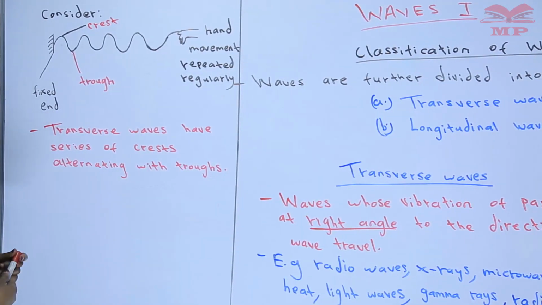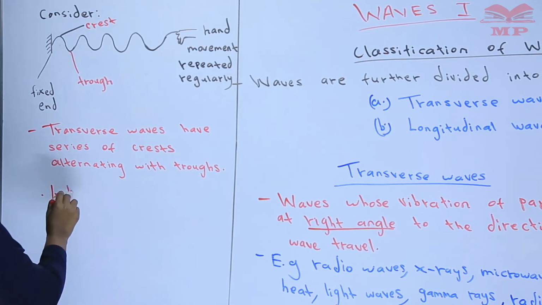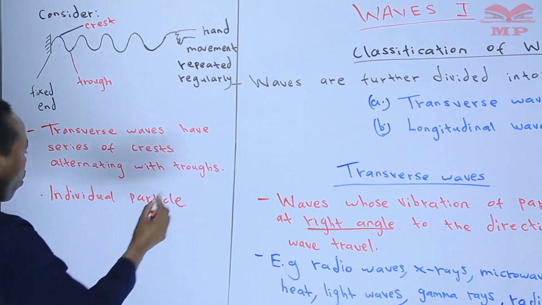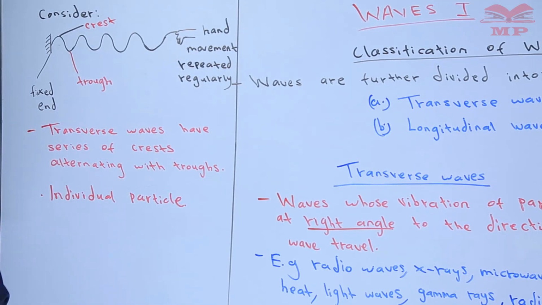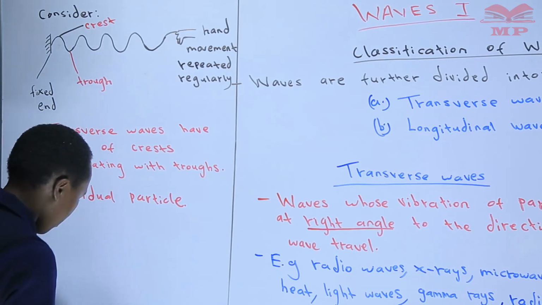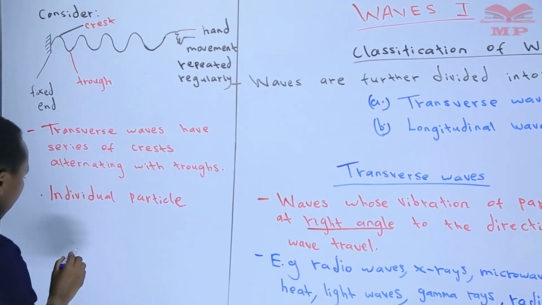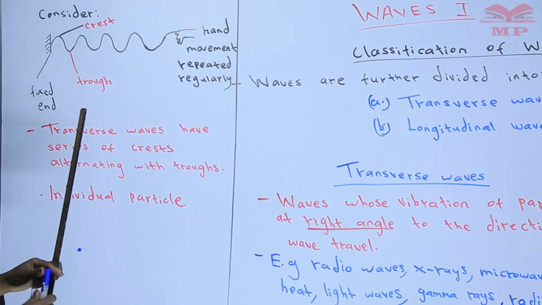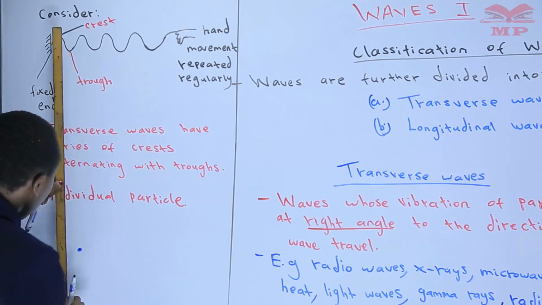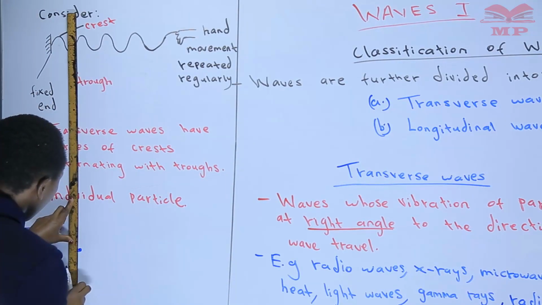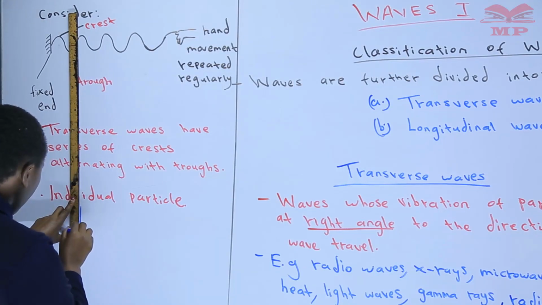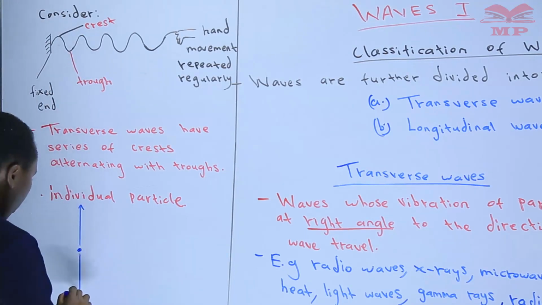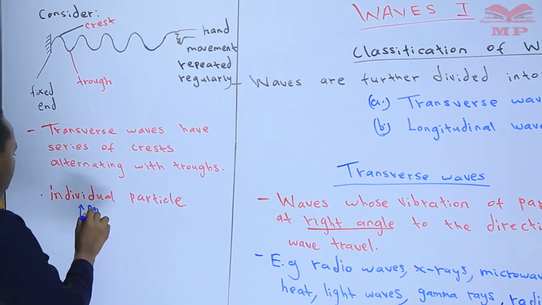And for an individual particle, we are going to have it this way. So if we have our particle here, and the particle displacement up, down, this is the particle displacement.